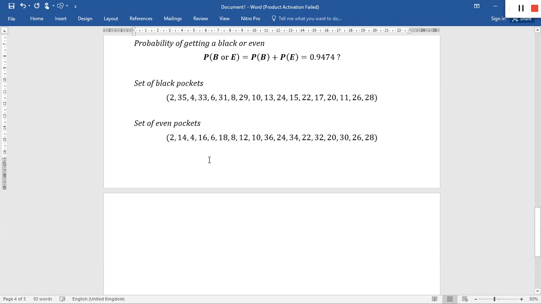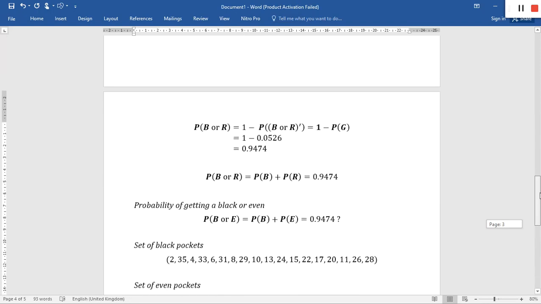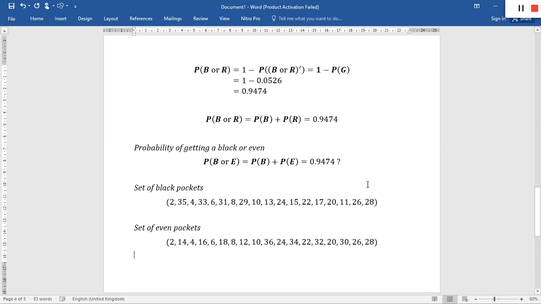So when we do union, we try to unite the two sets, just picking out individual occurrences in both sets. So if a number occurs here and occurs here, we only have it in that set once. Does that make sense? Let me take this to the next line.